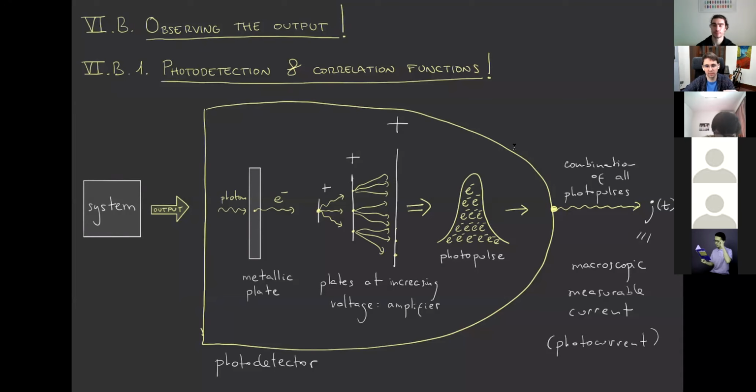And the most important idea that I want you to get is that starting from a quantum field, okay, with some distribution of photons in time and so on, so just a quantum field described by quantum field theory, you do some magic in something called a photodetector, and you transform that quantum field into a macroscopic measurable current. And what's important about this current is that it's a fluctuating current.